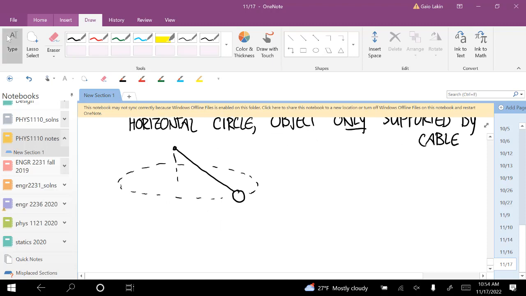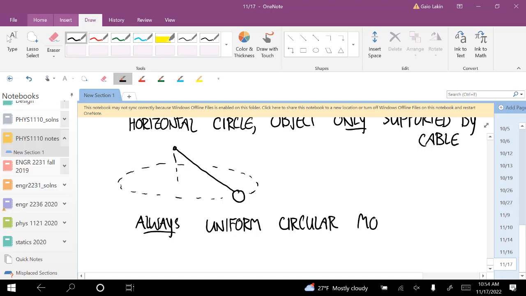Tetherball problems are always uniform circular motion. So that's the good news. With the assumptions that we're making, which is that this cable doesn't have any mass and there's no friction or anything, there's no way for this to be anything but uniform circular motion.